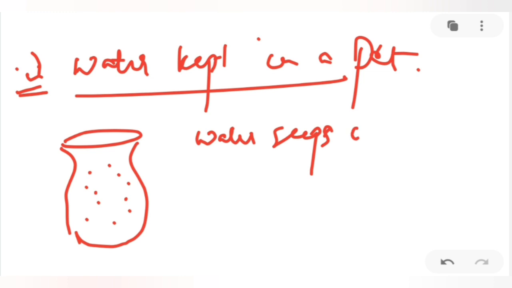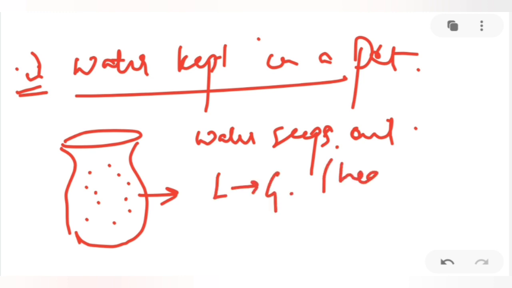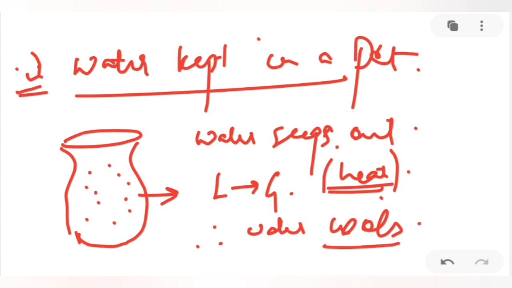Very little water comes out from the surface. Now when the wind is blowing, this water evaporates from its surface into the atmosphere, and on evaporating, liquid is turning into gas. So heat is required. Now this heat is taken from this water, and when heat is given out from this water, as a result, the water cools down in the pot.